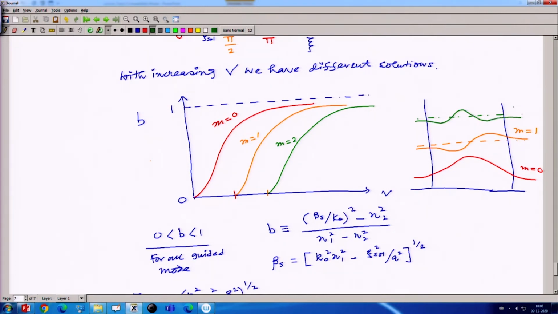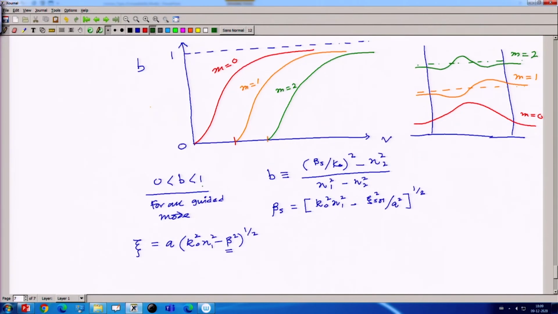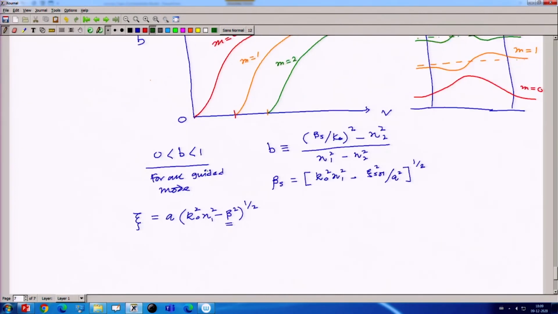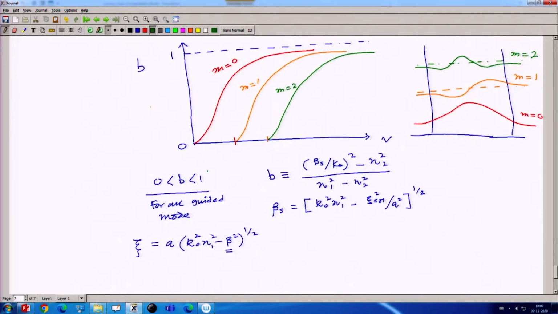This is for m equal to 2. So, for all these modes I have the relationship between B and V, and it is given here. Well, I now try to find out a few pieces of information from this figure.